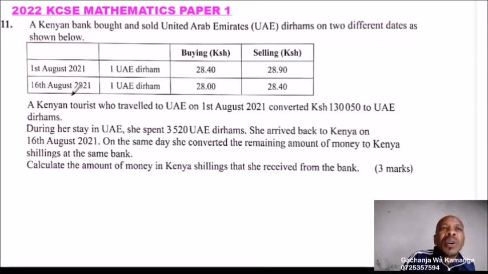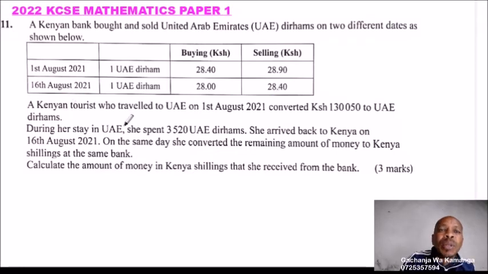On 16th August 2021, one UAE dirham was buying and selling at 28 shillings and 40 cents.